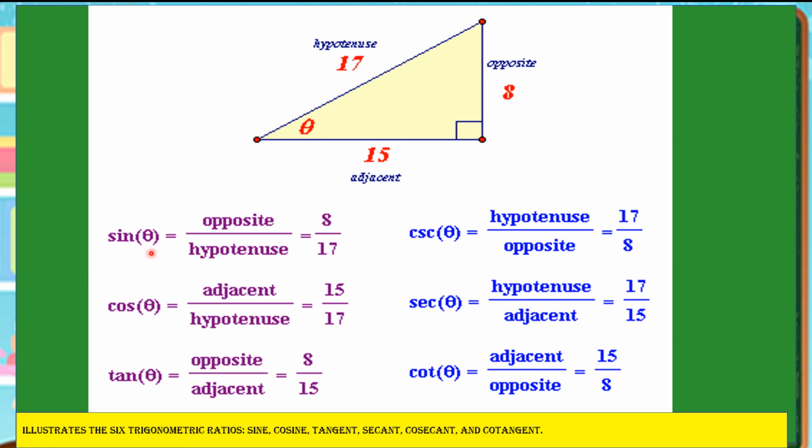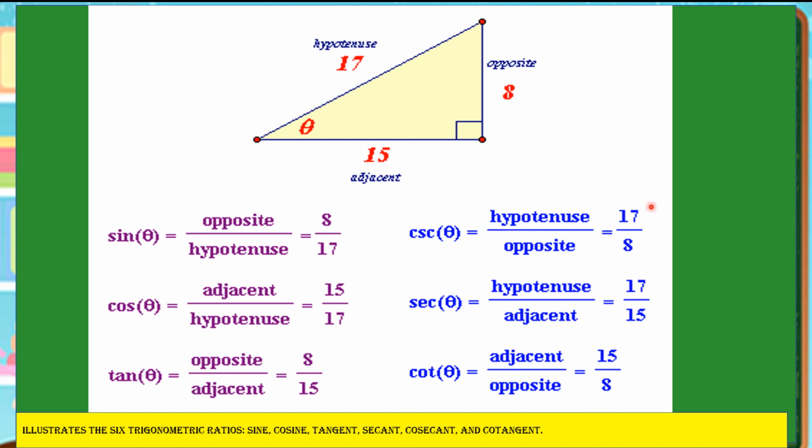Sine theta is equal to opposite over hypotenuse, so 8 over 17. Then cosine theta is equal to 15 over 17. Tangent theta is equal to 8 over 15.